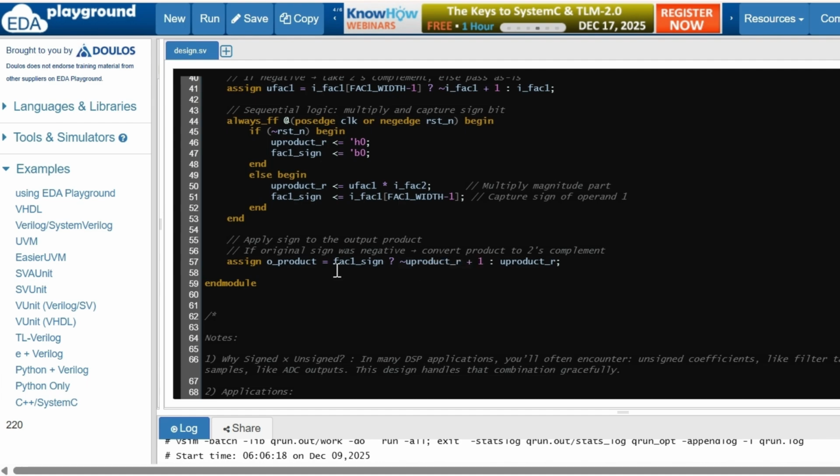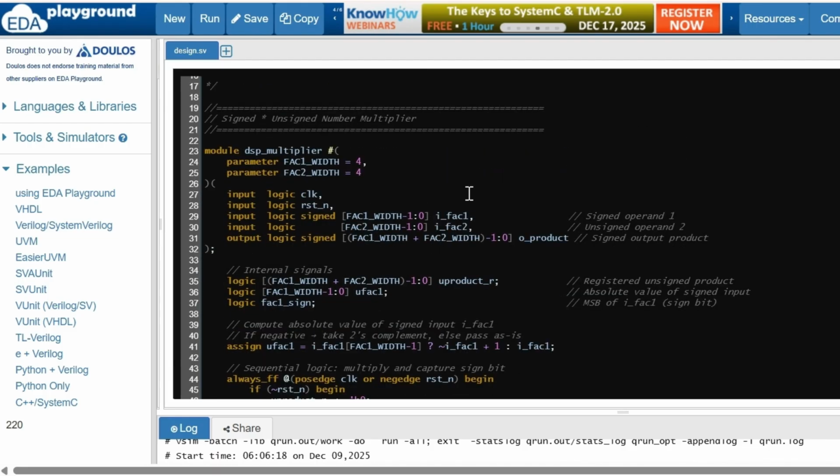Otherwise, if the first number was also positive, anyway the second number is an unsigned number, so its range starts from 0 to the positive direction. If both the numbers are positive, we don't do anything, and our output product would be nothing but our internally calculated unsigned product itself.